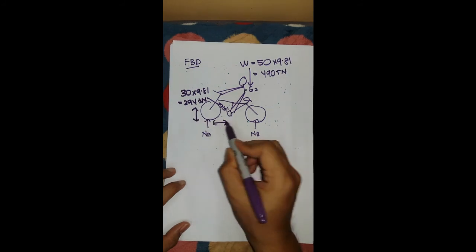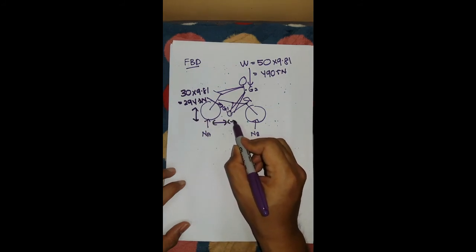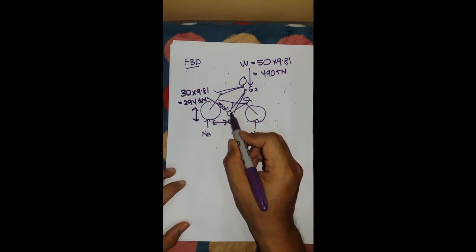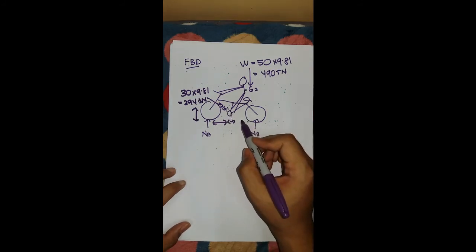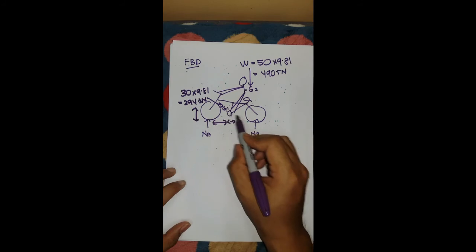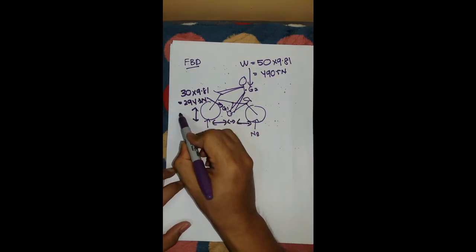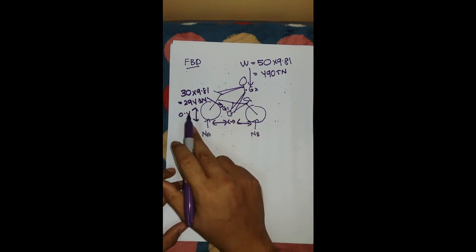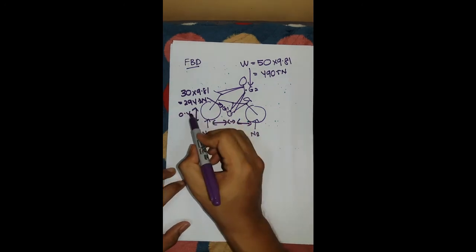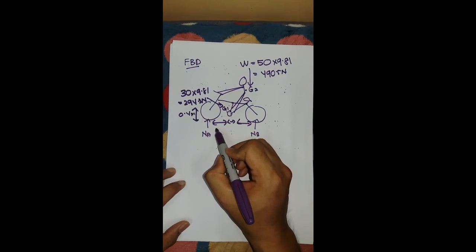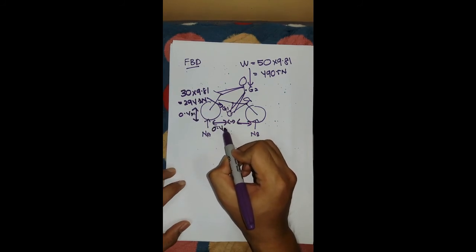So we have distance here, here to here, and distance here, the bike, and the leg to the back wheel. So the distance is 0.4 meter. This is also 0.4.